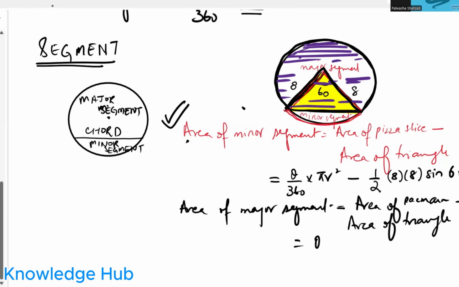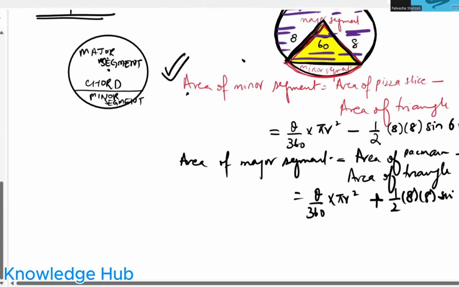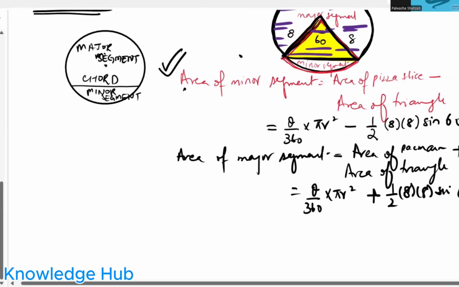For area of Pac-Man, we have theta over 360 times pi r square plus area of triangle again half times 8 times 8 times sine of 60. Okay. Right.